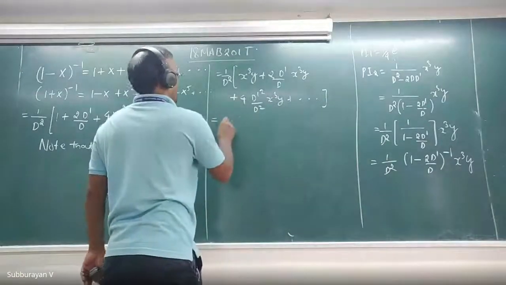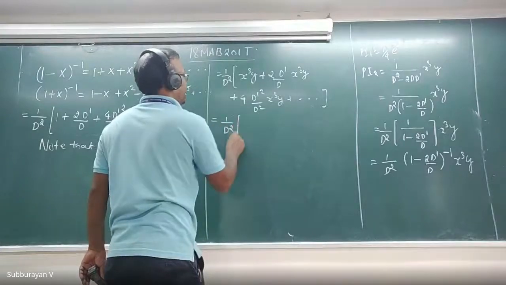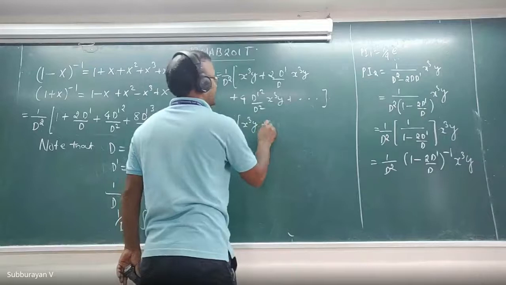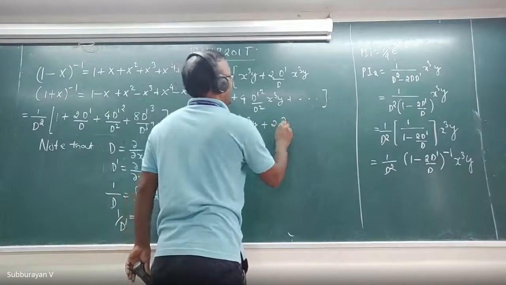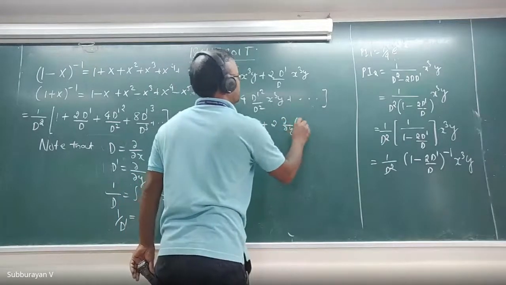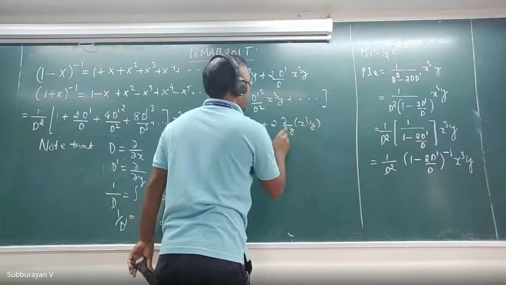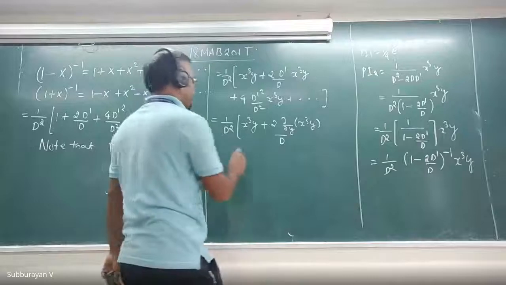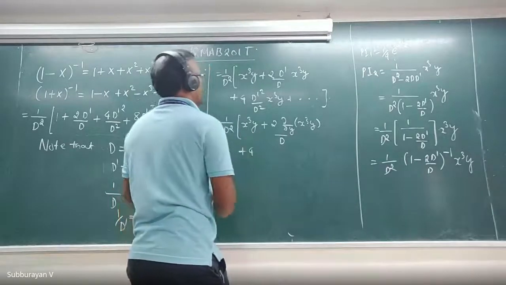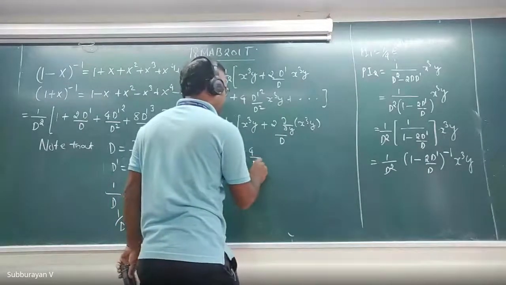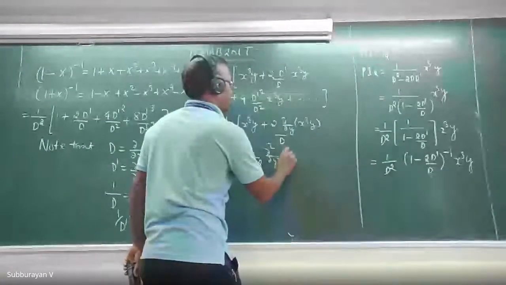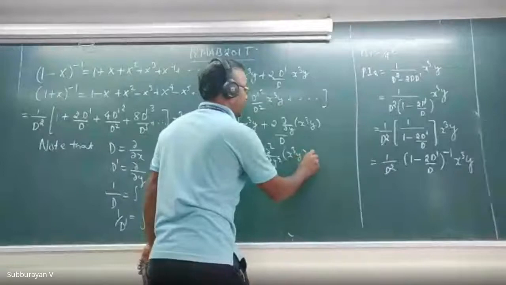Therefore, here 1/D² of x cube y plus 2 into ∂/∂y of this expression x cube y divided by D, plus 4 divided by D² into ∂²/∂y² of x cube y plus and so on.